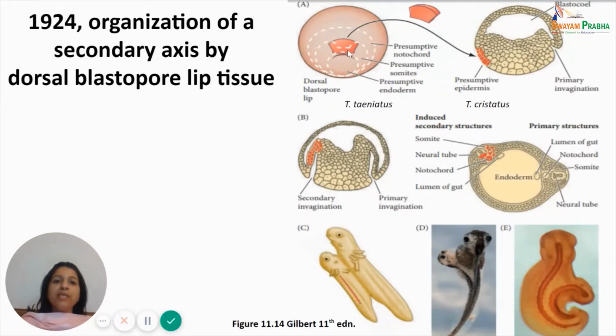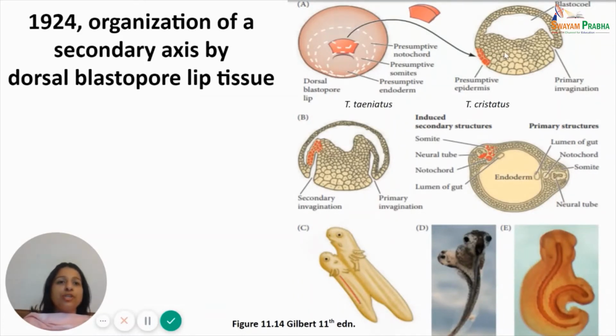In this experiment between Triturus taeniatus and Triturus cristatus, the dorsal blastopore lip was explanted from Triturus taeniatus and it was implanted into the host tissue, Triturus cristatus, into the region of the ventral side, which was supposed to become belly region. However, it was seen that the dorsal blastopore lip continued to form the structures which it was supposed to do as if it was present in its original location in the Triturus taeniatus.